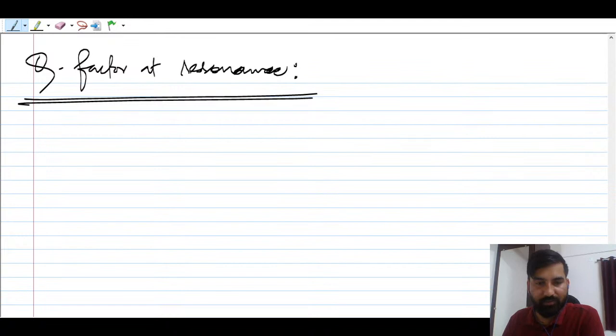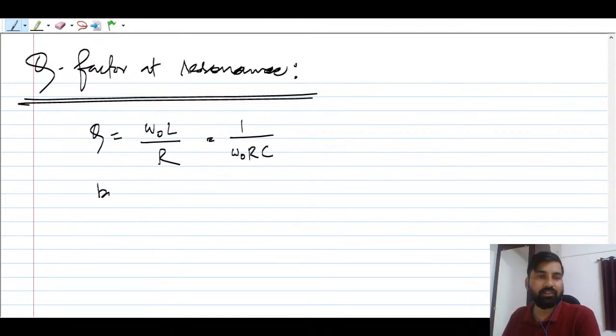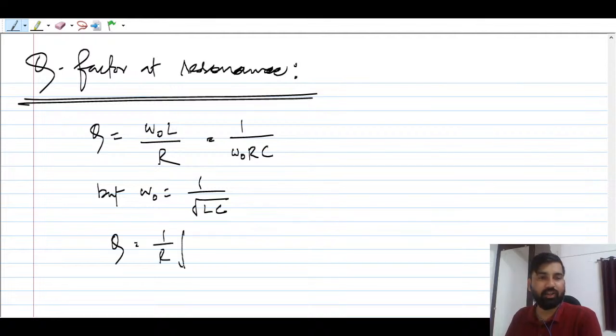Q factor is omega naught L by R. It is equal to 1 by omega naught RC. But we know that omega naught is 1 by square root of LC. So if you put that here, it will give you 1 by R square root of LC.